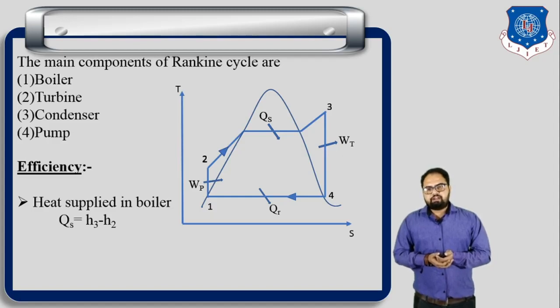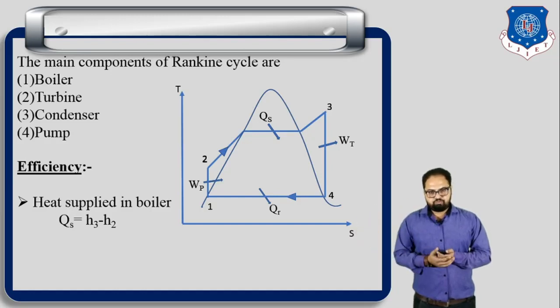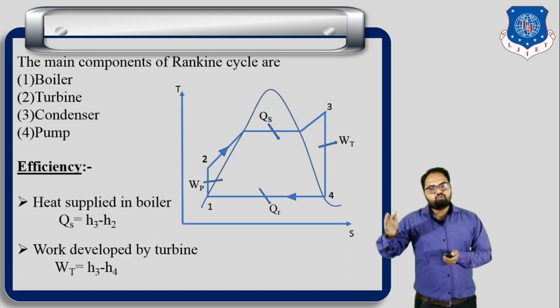So you can see that QS means the heat supplied in the boiler section, and the boiler is between points 2 to 3. Okay. So the equation of the heat supplied will be H3 minus H2. Now heat rejected. The heat is rejected during process 4 to 1.